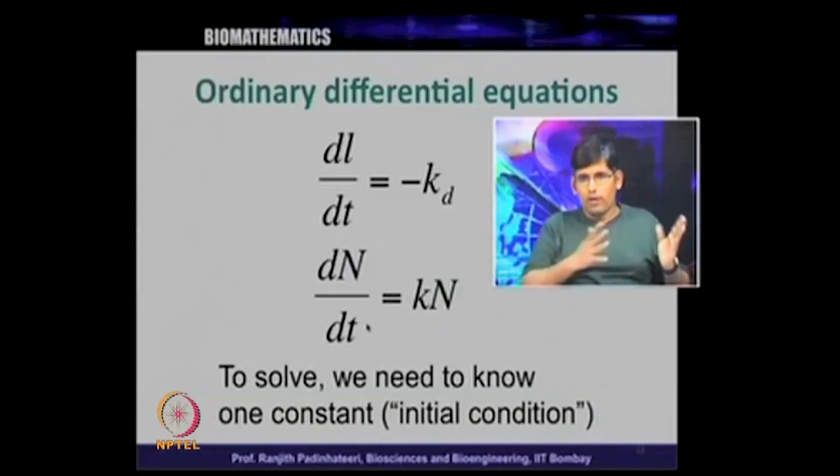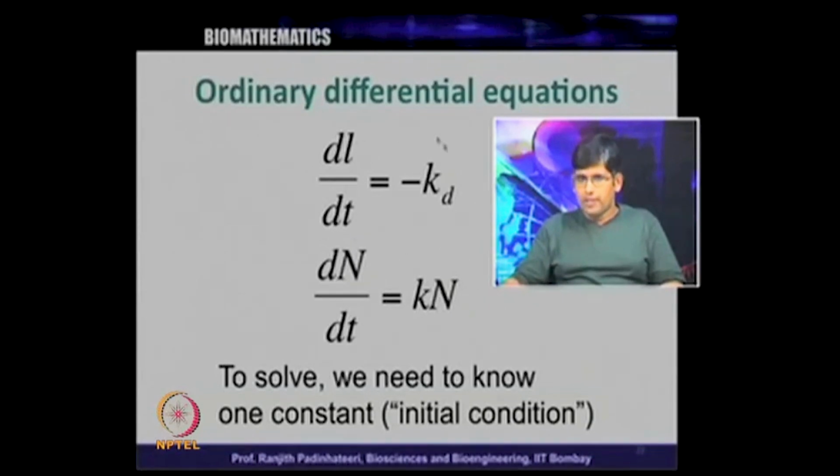So, two examples: dL by dt is equal to minus kd, or dL by dt is equal to plus kd, describing the rate of change of length, the length increase or length decrease depending on the plus or minus sign. The number increase is described by this equation.